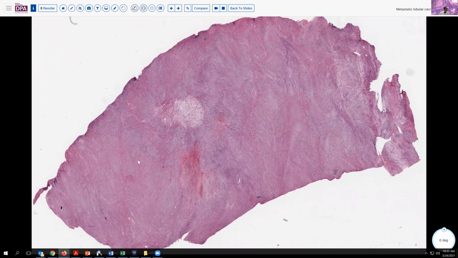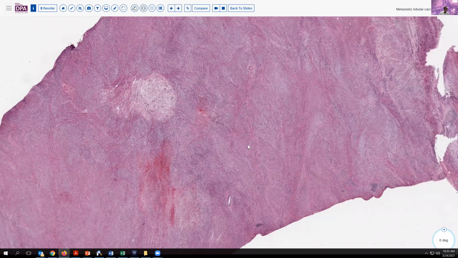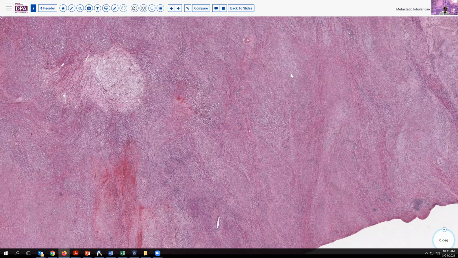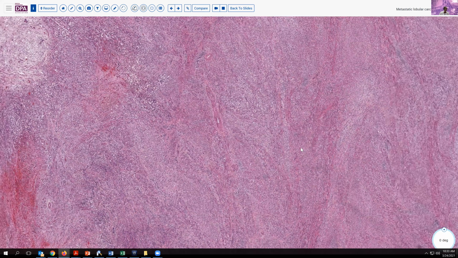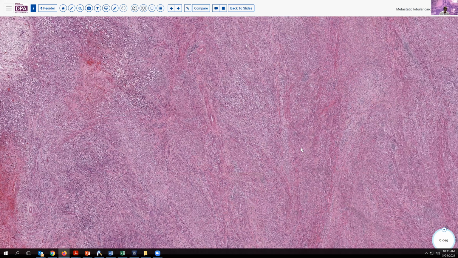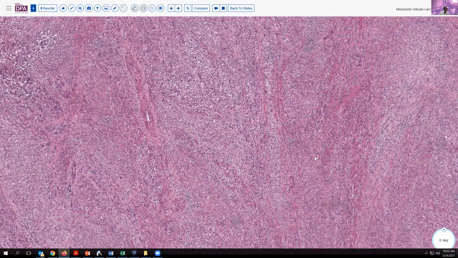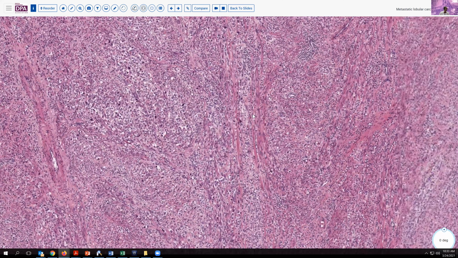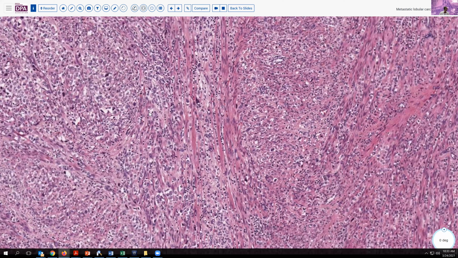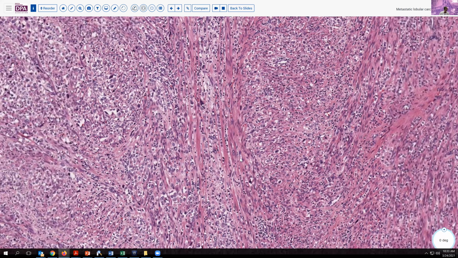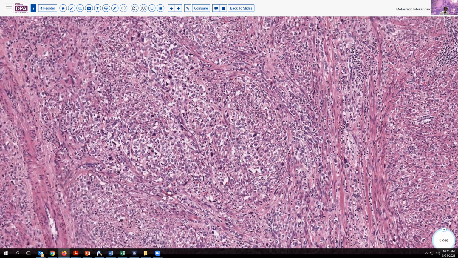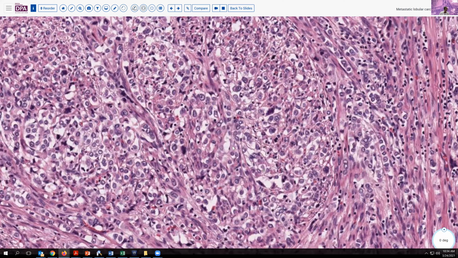Here is a very solid pattern, very eosinophilic, fibrotic type of appearance, a little bit of streaming, banding of tissue. And so again, it looks much like various fibromatous type of lesions that we can see in the ovary. However, in this particular situation, as we come into higher magnification, we see that there's really quite a lot of epithelioid type cells in this pattern.